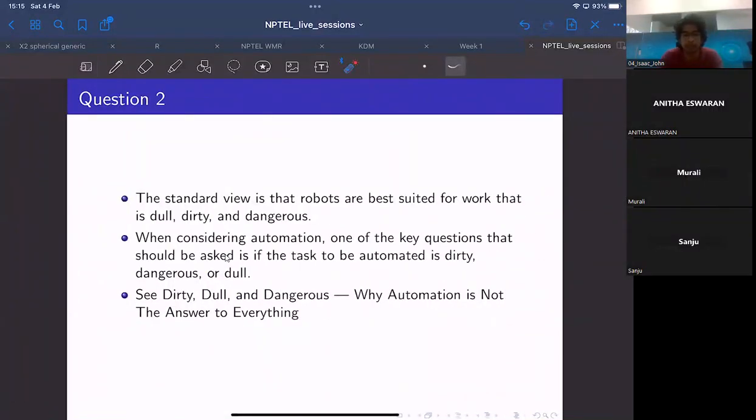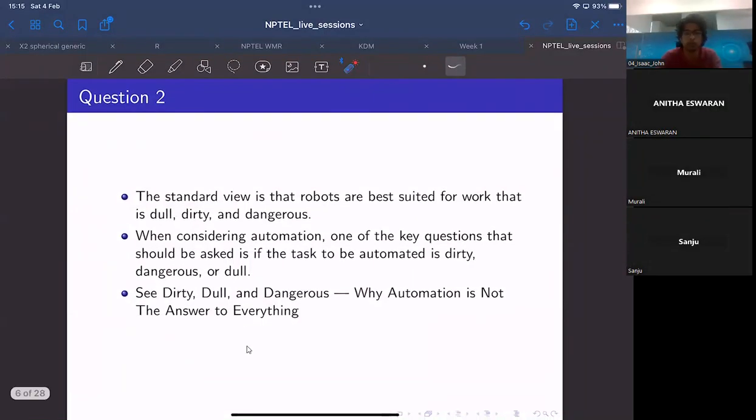The reasoning is fine. Again, to emphasize my point, this view of robotics was mostly from the industrial point of view. And if you look at the third point, automation is not the answer to everything. This is basically an article. If you search on Google, you will find a very good article regarding why robotics should be employed mostly on dirty, dull, and dangerous tasks, and why automation is not the answer to everything.